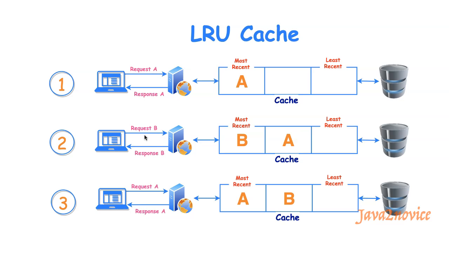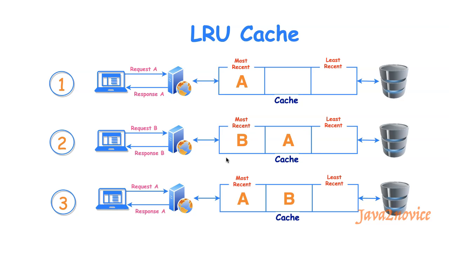Now the client is making another request called request B. Since request B data is not available in the cache when we make the request, it will be fetched from the DB and returned back to the client as response B. Also, just before returning the response, it will be stored into the cache.